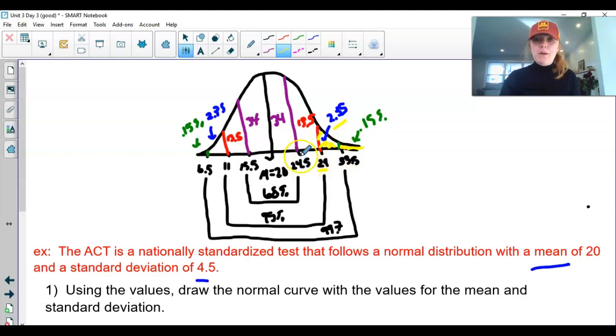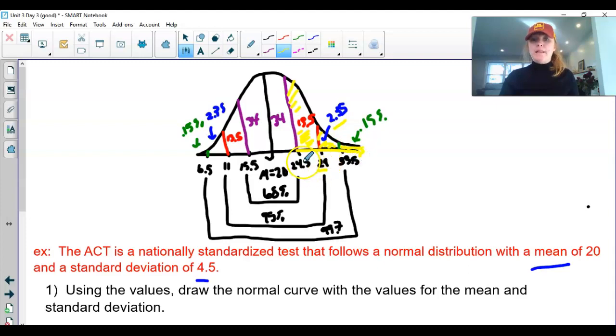Let's keep going. What if I got 24.5? Well, 13.5% of people will get between a 24.5 and a 29. But to get at least a 24.5 means I got anywhere from 24.5 going this way.